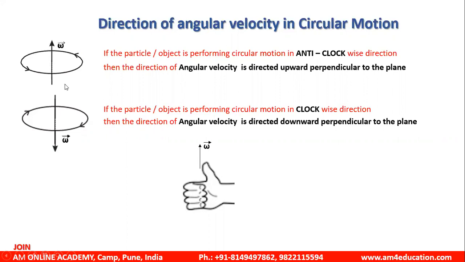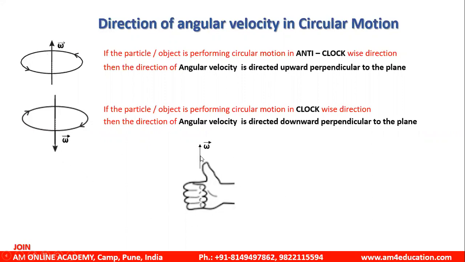Similarly, if the direction of rotation of the particle is in clockwise sense, the direction of angular velocity is reversed. It is still perpendicular to the plane passing through the center, but in this case, it is directed downward.